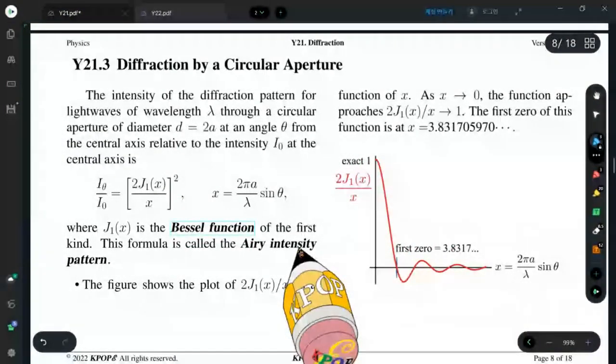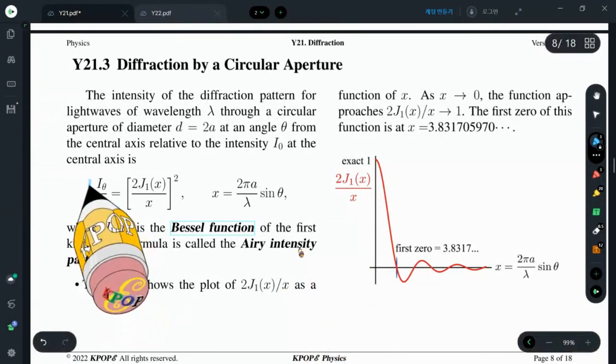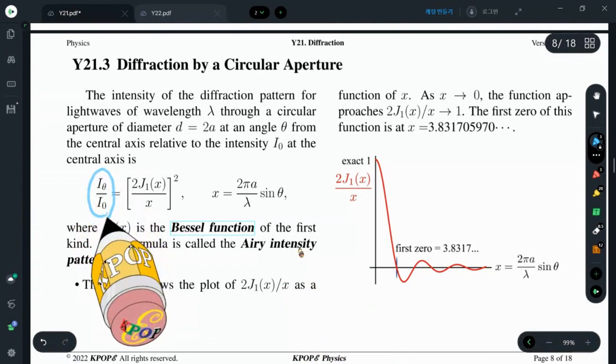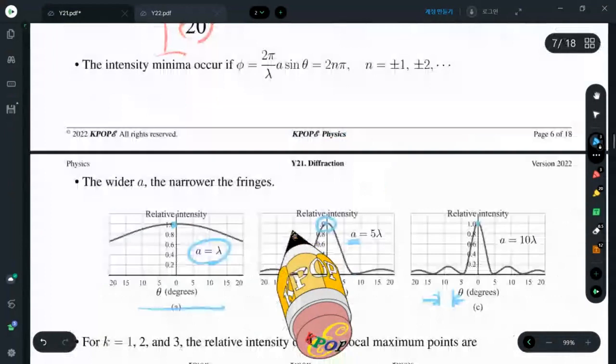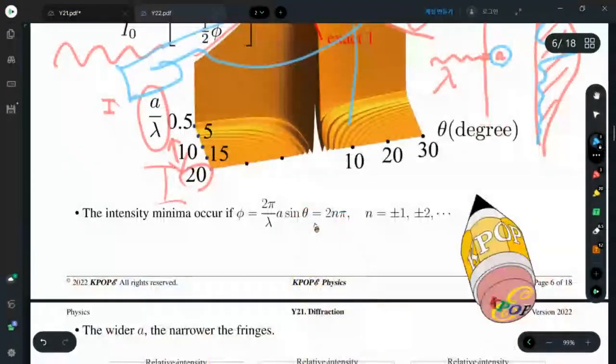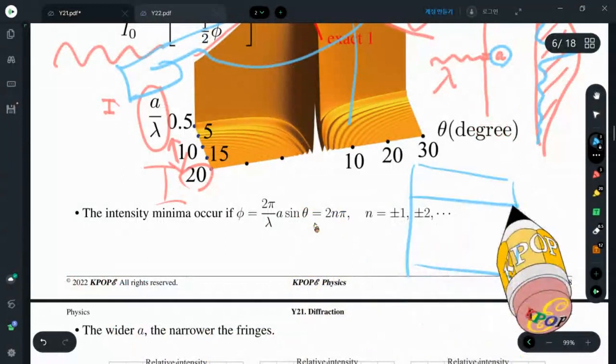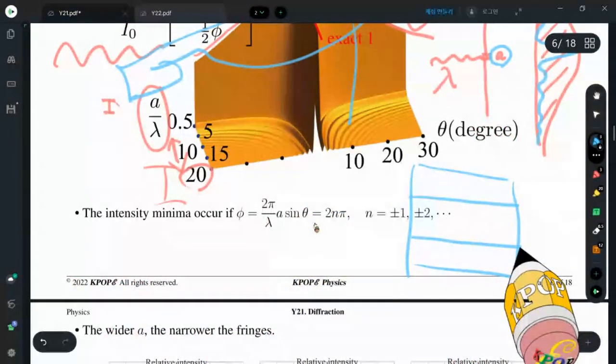So in fact, if you find the intensity distribution, this one is a very ideal case using two slits shown like that.